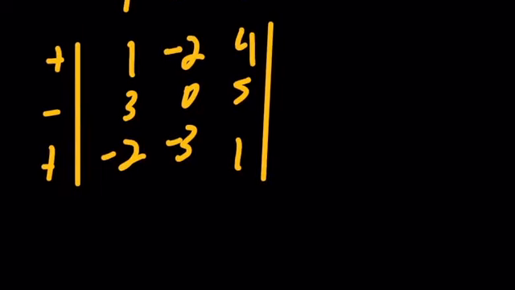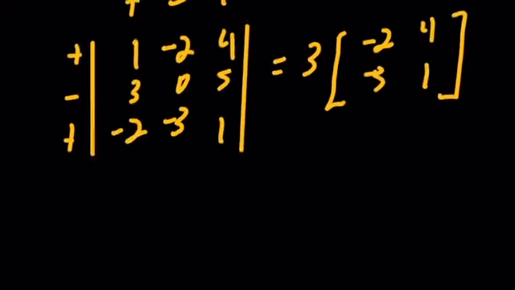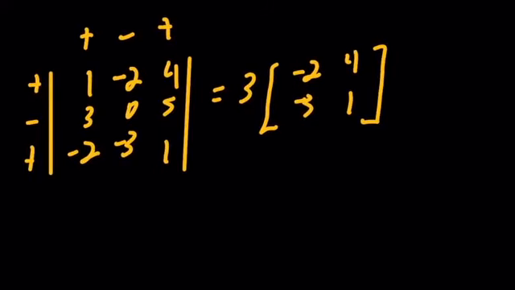So let's expand by row 2 since we have a 0. So we have 3 times the matrix of -2, 4, -3, 1. And anything times 0 is 0. And then we're going to count this. So it's negative in row 2, it's negative plus negative based on this pattern right here.